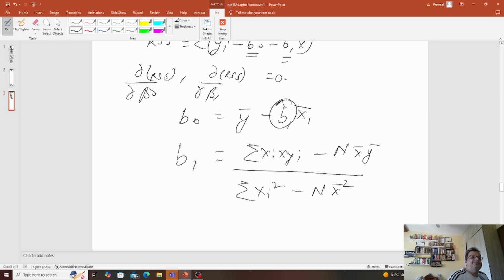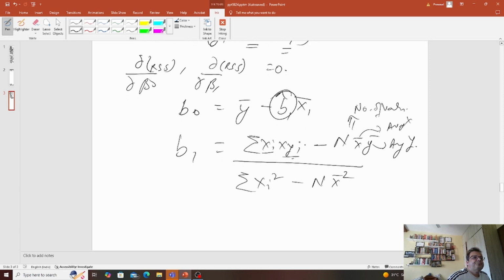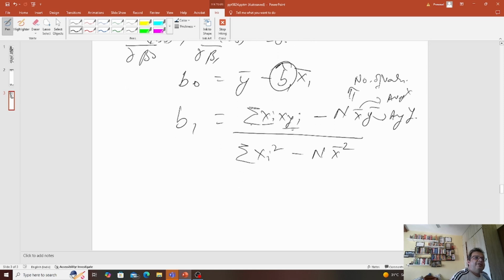Okay, I think that's the right formula I have written. So n is your number of values, x bar is your average of x, y bar is your average of y, xi, yi are individual values. So it's always good to remember this.